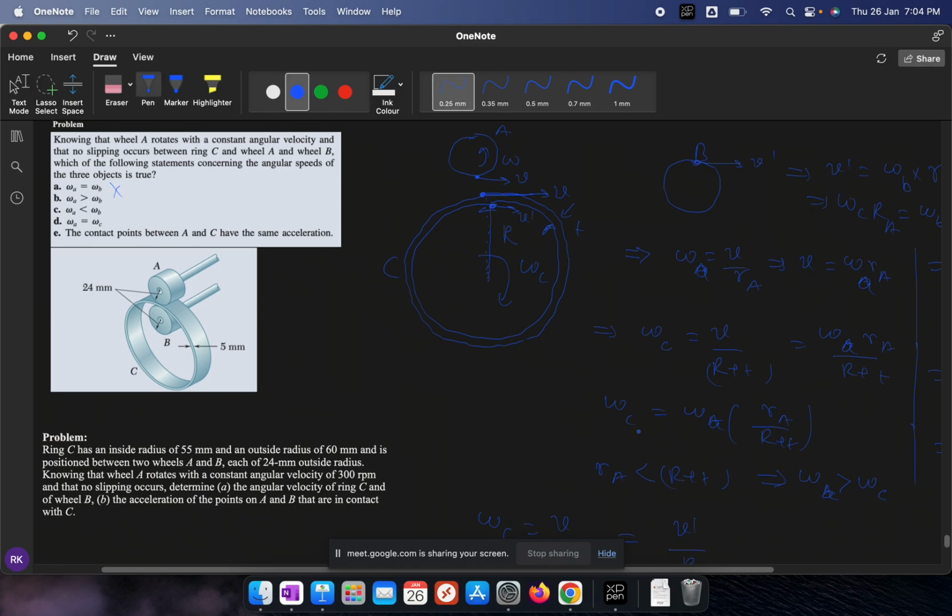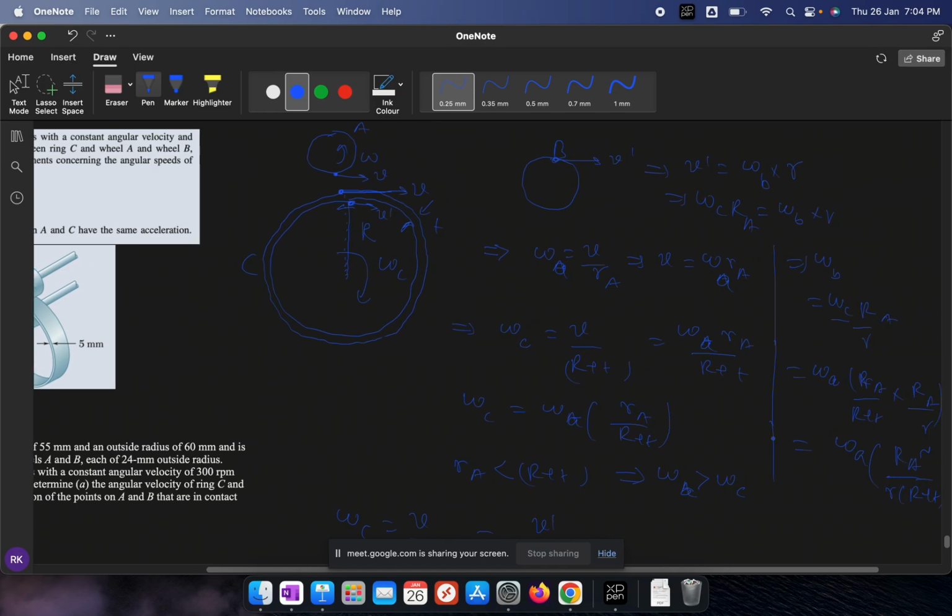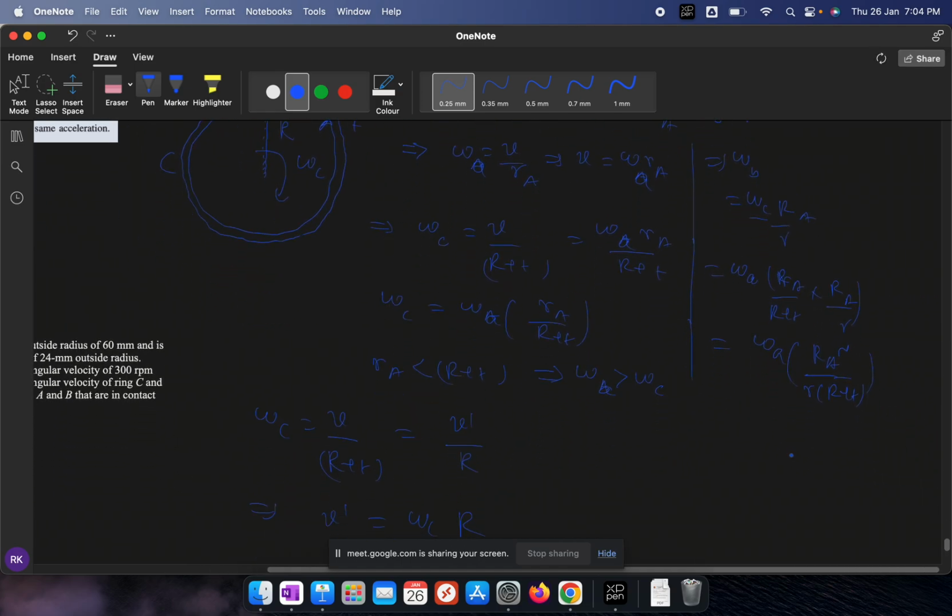Now it is asking which one is larger, omega A or omega B. Can someone tell me which one is larger? Omega A would be the larger. How is that? Surely, not omega A, I mean omega B will be larger.